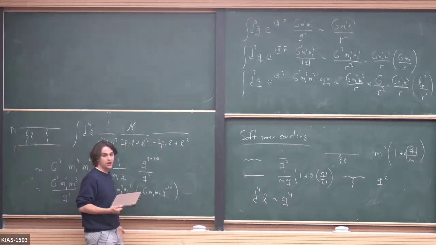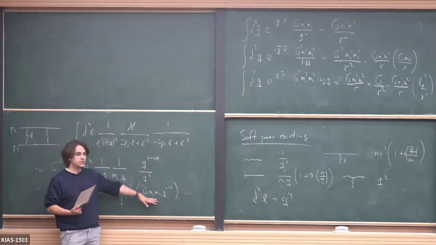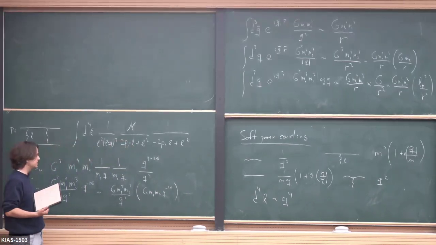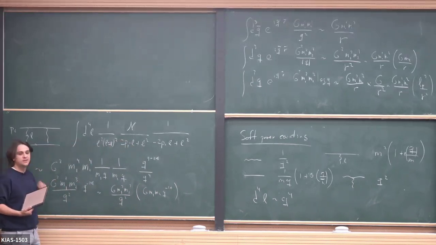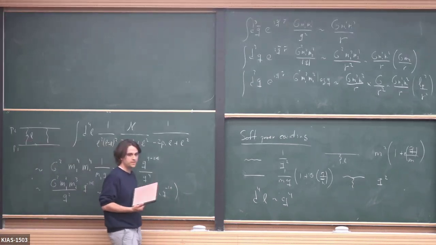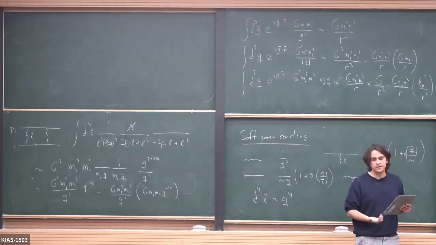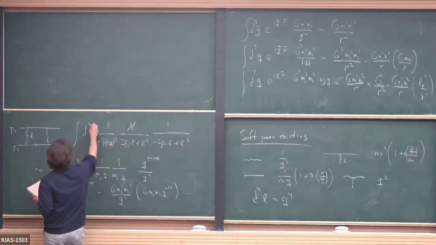So this correction is large. This is not really small, because remember, g times energy squared was large. So this looks like a very large correction, not a small correction to what I had before. This is 4 minus 2 epsilon.